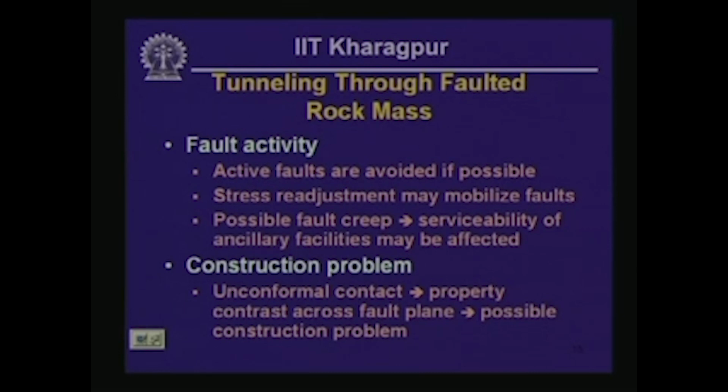This problem could lead to difficulty in the operation of ancillary facilities, such as railways to cart out mined material inside the tunnel opening, and it could be very severe in underground mines that operate over a relatively large number of years.